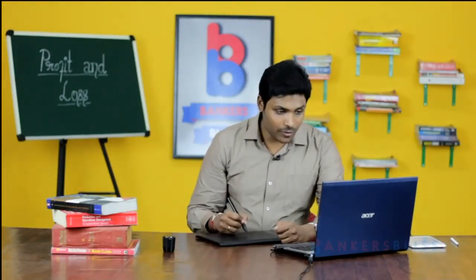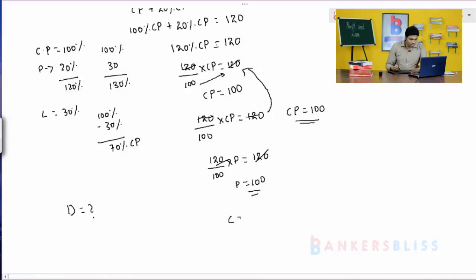For example, cost price is equal to 500. Selling price we don't know. Market price is rupees 1000, and they are giving the discount as 20%. And you have to calculate the profit.